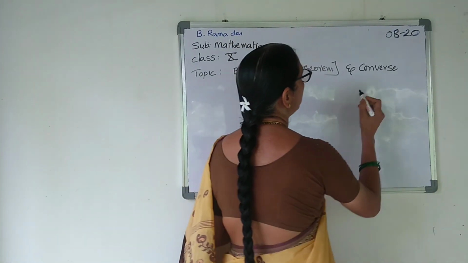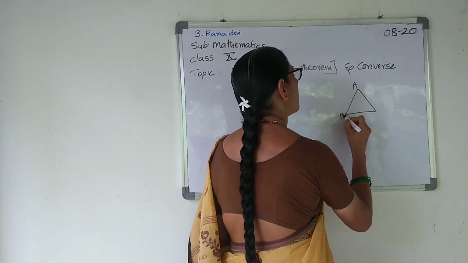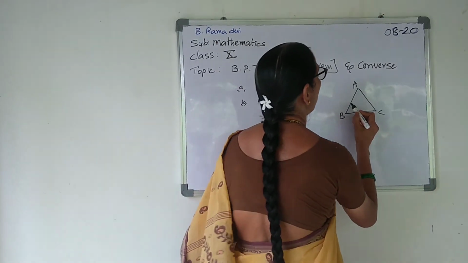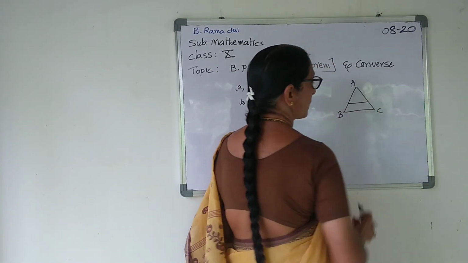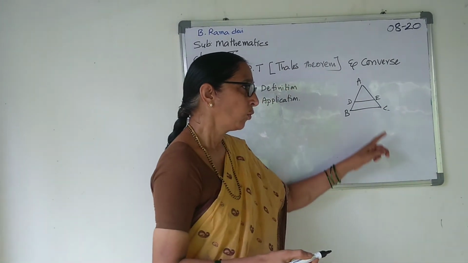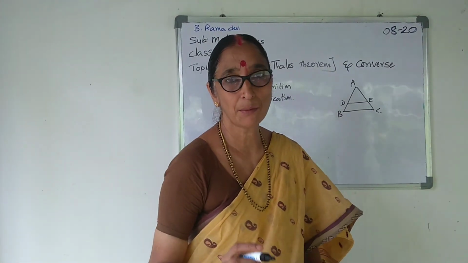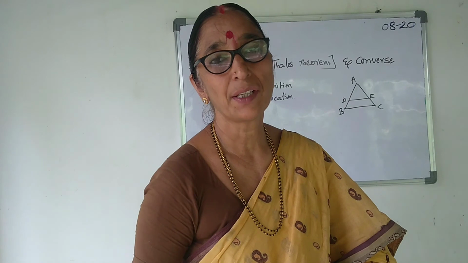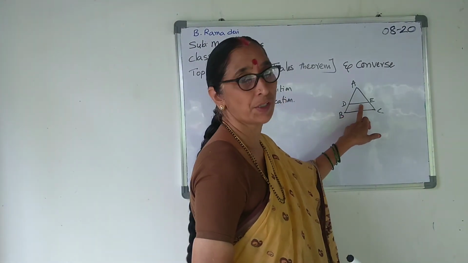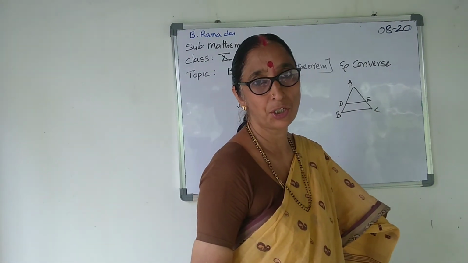If a line in a triangle ABC or PQ or etc. In a triangle, a line parallel to one side divides the other two sides in the same ratio. This is the basic proportionality theorem. A line parallel to one side divides the other two sides in the same ratio.